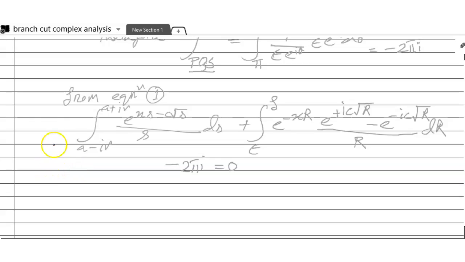And now epsilon tends to 0 and rho tends to infinity, and small r also tends to infinity.